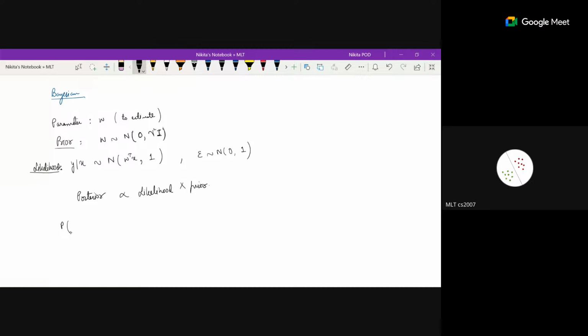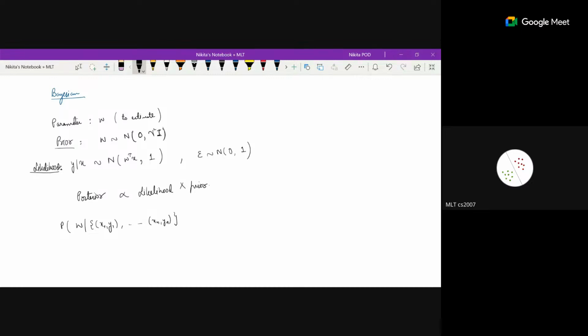Once you have observed the samples, which is x1, y1, x2, y2, so on till xn, yn, what is going to be the probability of your theta? In this case, it is W. So the probability of W, given that you have this sample with you, x1, y1, x2, y2, xn, yn, right?